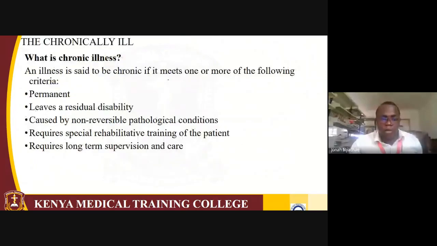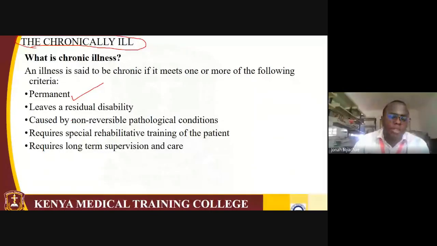So we also have the chronically ill. What is chronic illness? First, we have to understand what chronic illness is. An illness is said to be chronic if it meets the following criteria. Number one, permanent. That illness ought to be permanent, like HIV/AIDS, cancer, diabetes, hypertension.